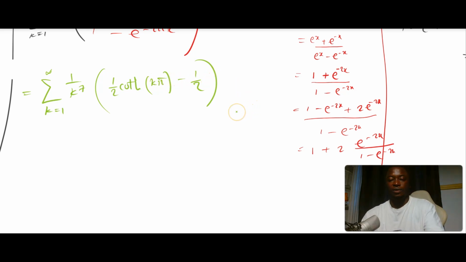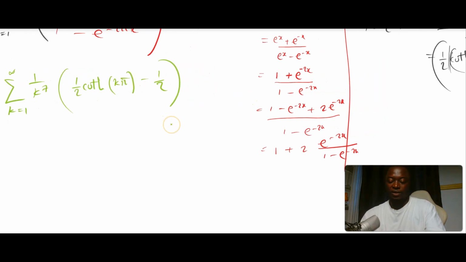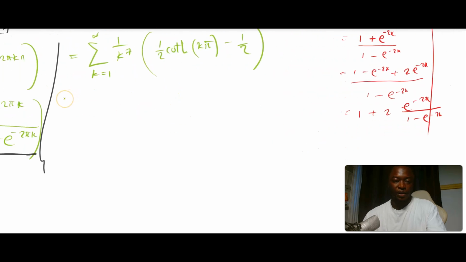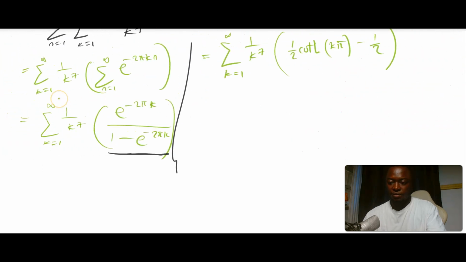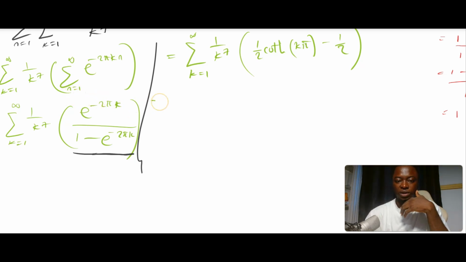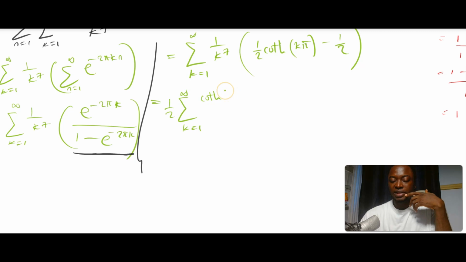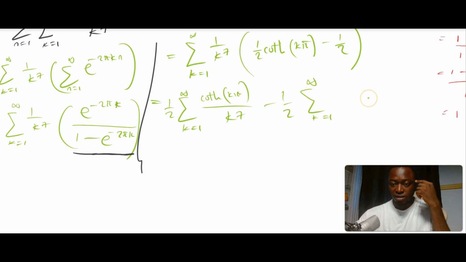Yeah, so when all is said and done, this would become the sum as k runs from 1 up until infinity of, so you have a half outside here, hyperbolic cotangent of k pi all divided by k to the 7th power, minus half times the sum as k runs from 1 up until infinity of 1 over k to the 7th power.